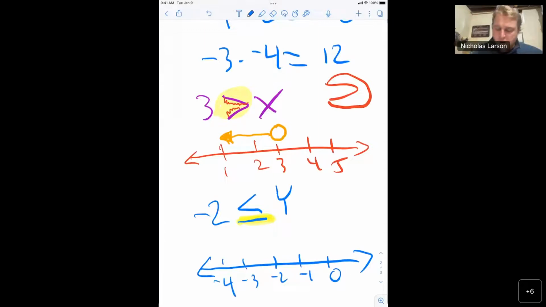So I'm going to go to -2 and create a closed circle. This is an open circle. This is a closed circle because it can equal -2. -2 is a valid solution, which is why we use the closed circle. And because y is bigger, I'm going to go: -1 is bigger than -2, 0 is bigger than -2, all of the positive numbers are bigger than -2.